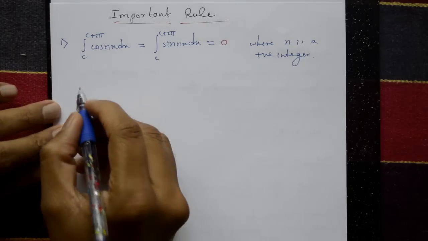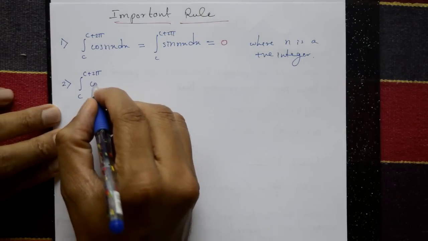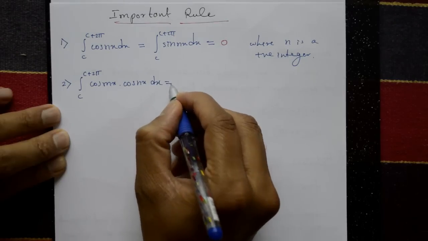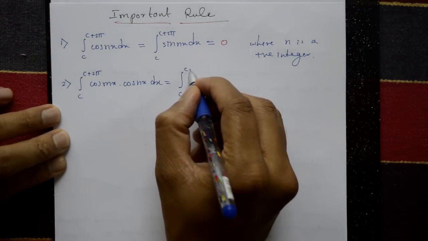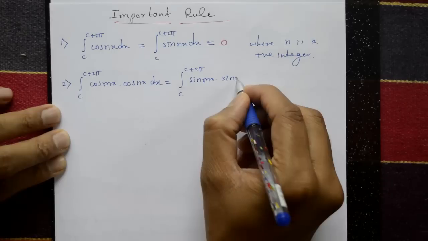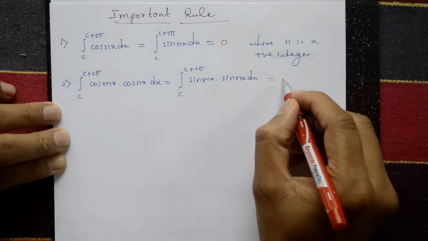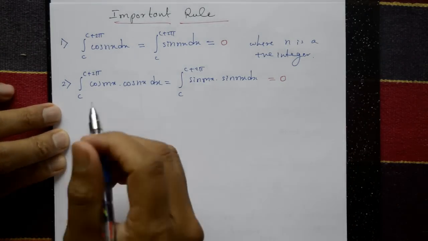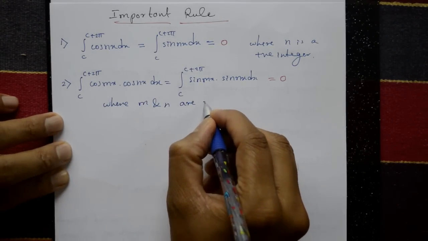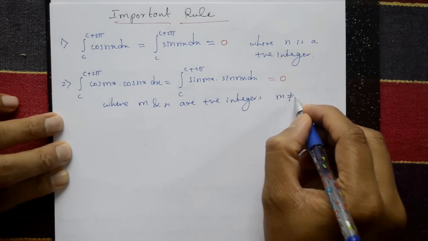Okay, second one, integration from c to c plus 2 pi of cos mx into cos nx with respect to x, and this is equal to integration from c to c plus 2 pi of sin mx into sin nx with respect to x, both are equal to 0, where m and n are positive integers. Okay, both are positive integers, but m is not equal to n.